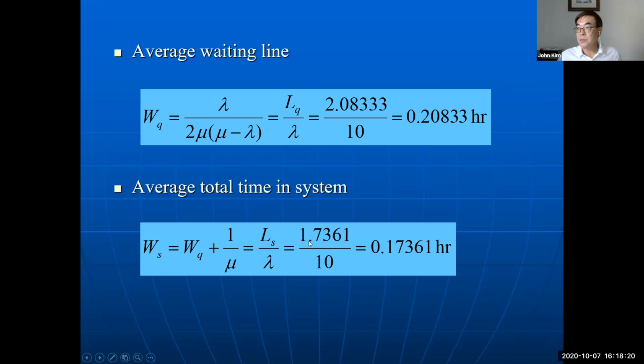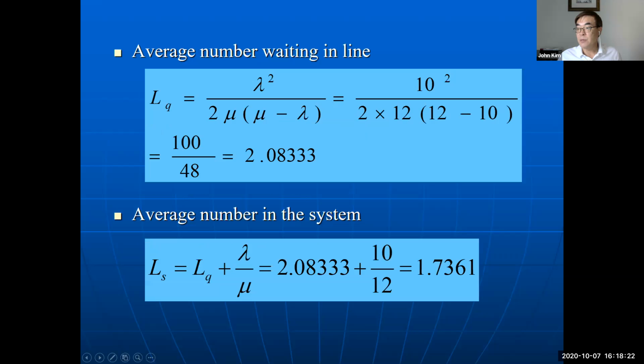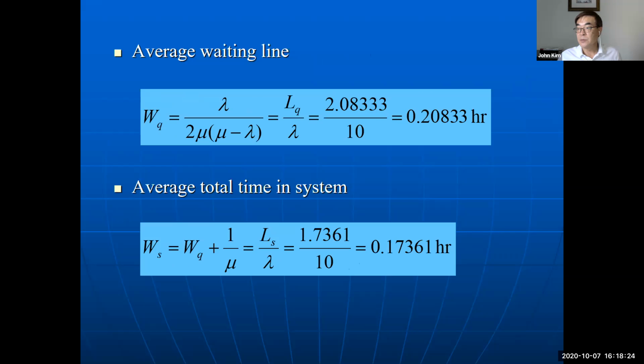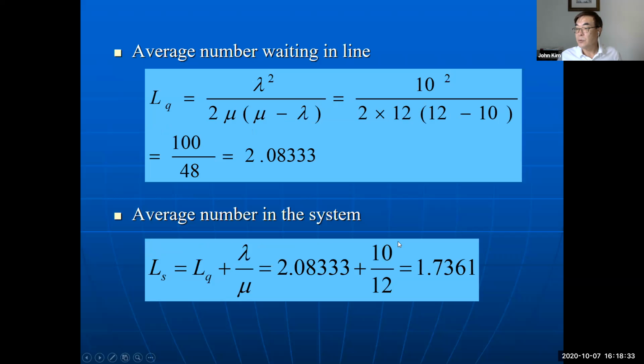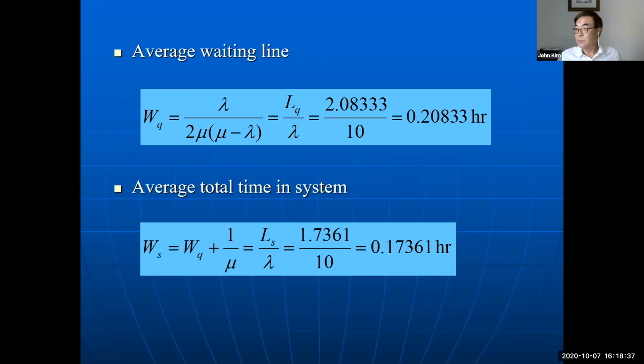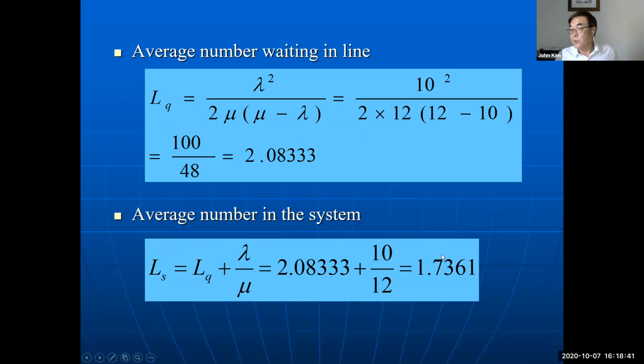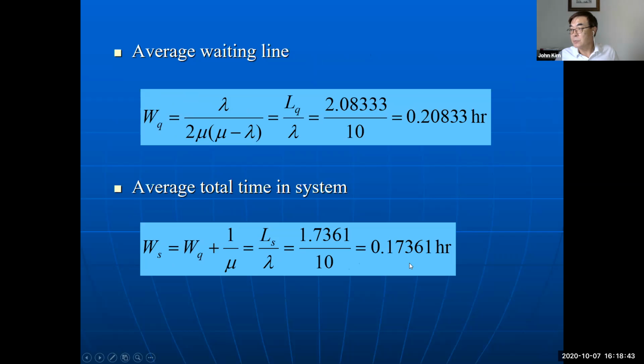So LS, it was 1.7361, divided by 10 is 0.17. This one is wrong.